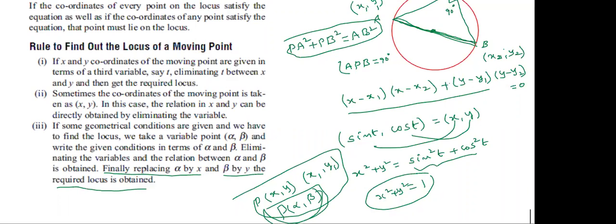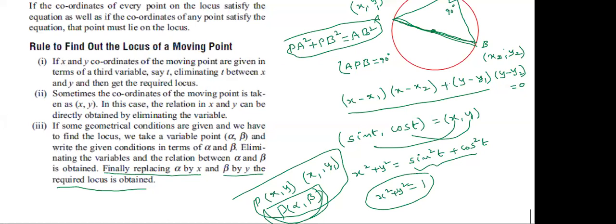Then the required locus is obtained. Some faculty members take the locus of P as (x1, y1), some take (alpha, beta), some take x and y only. Whatever you take, at the final stage the equation of locus is in the form of (x, y) only.